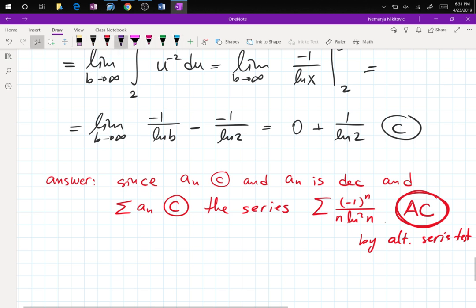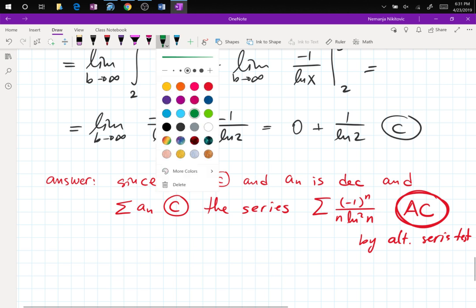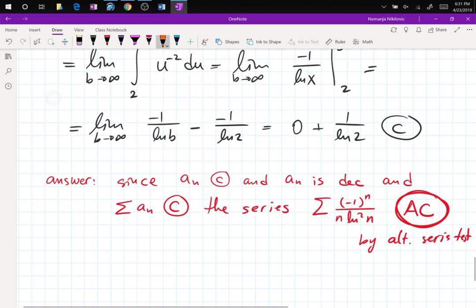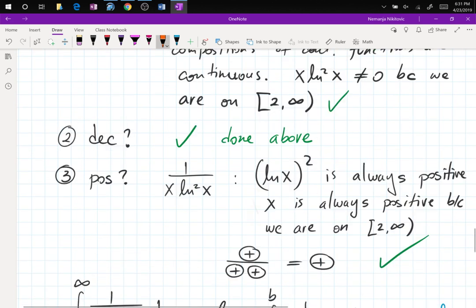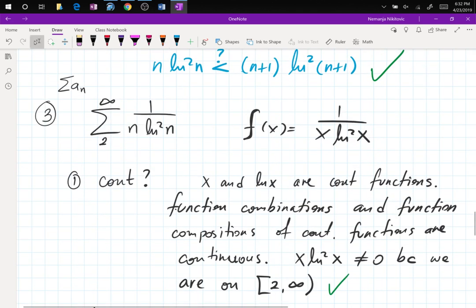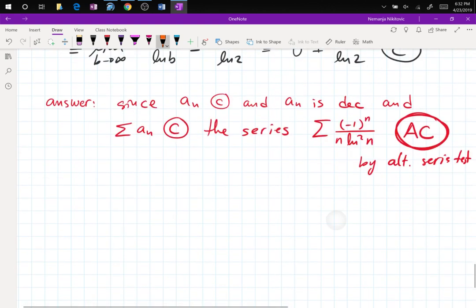So here, let's go again, let's go orange now. I'll put the orange star over here.